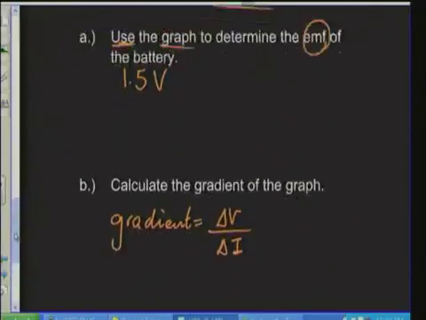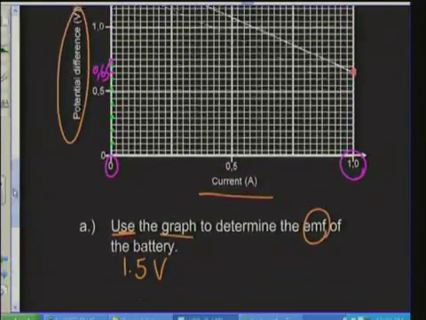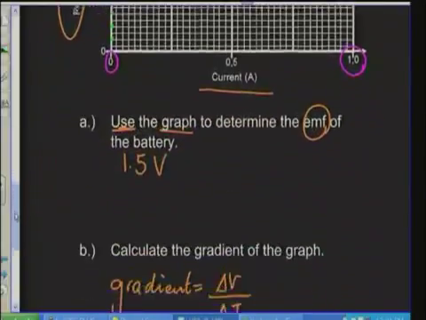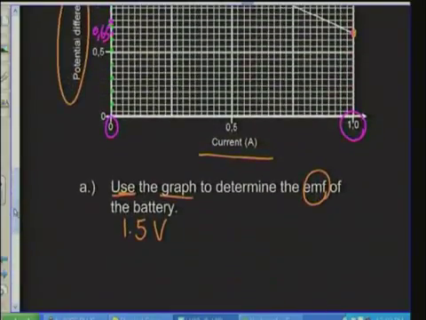So change in V will be 0.65 minus 1.5, divided by the change in current.